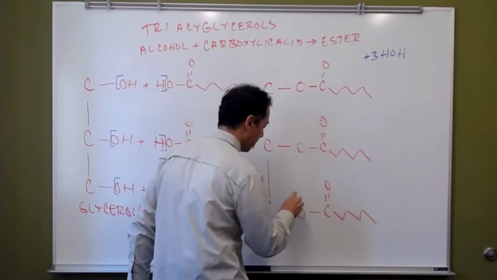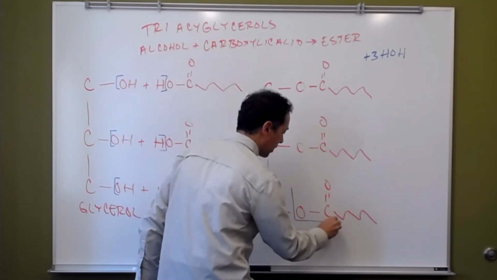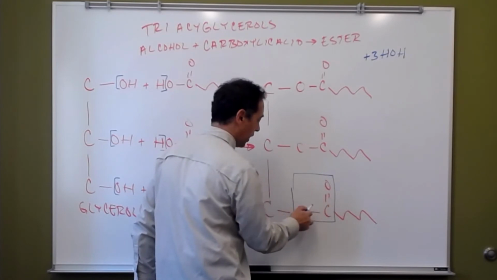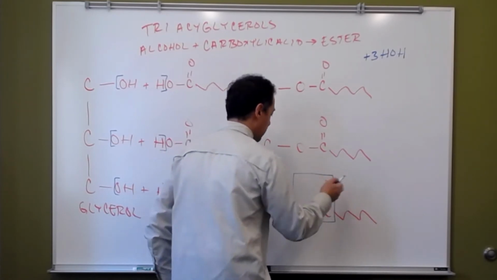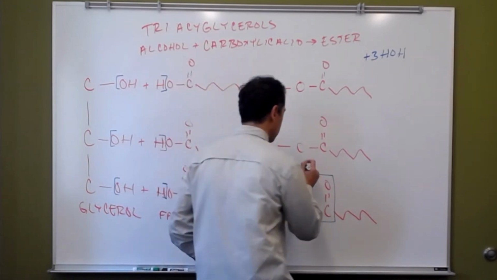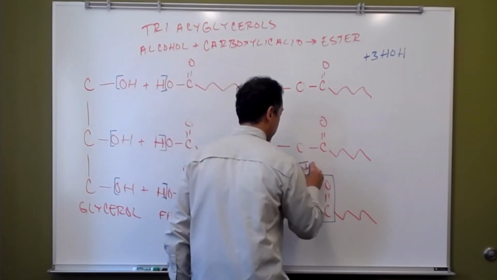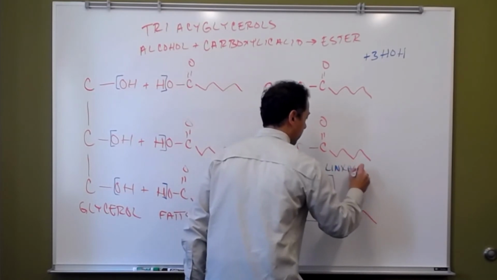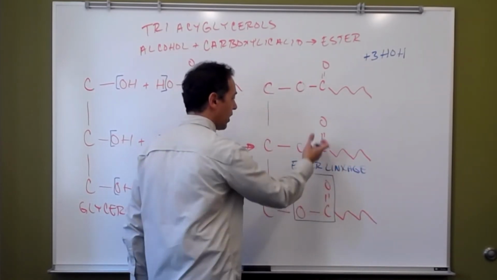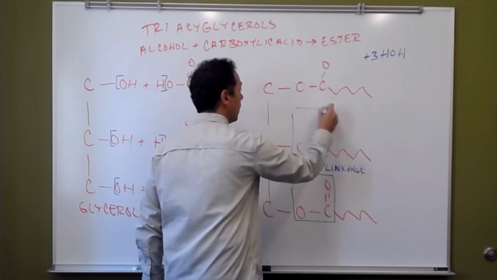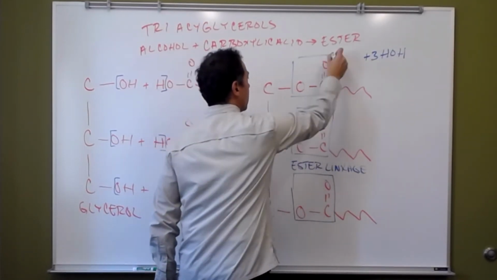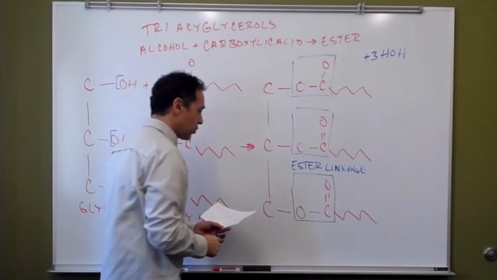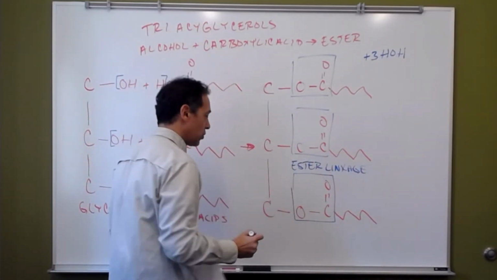So right here we might recognize here's our carbon, our carbonyl group here, and then that oxygen, and then the carbon. This right here is an ester linkage. Ester linkage, and we've got 3 of them here, right? There's one here, and we've got one here, like that. So 3 of those ester linkages like that. And this is what gives us our triacylglycerol.